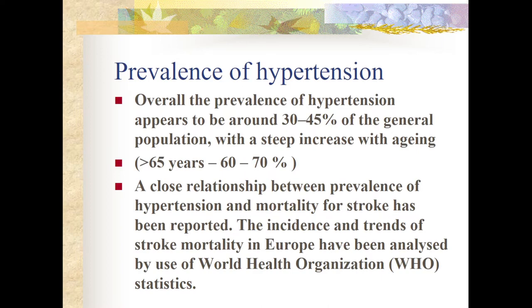A close relationship between prevalence of hypertension and mortality for stroke has been reported. The incidence and trends of stroke mortality in Europe have been analyzed by use of World Health Organization statistics.